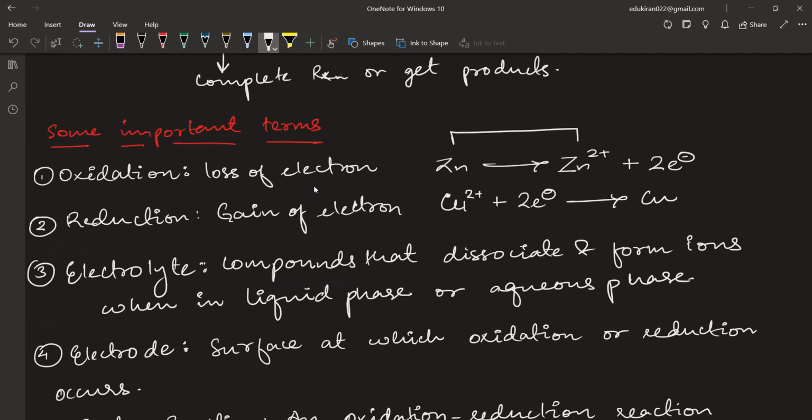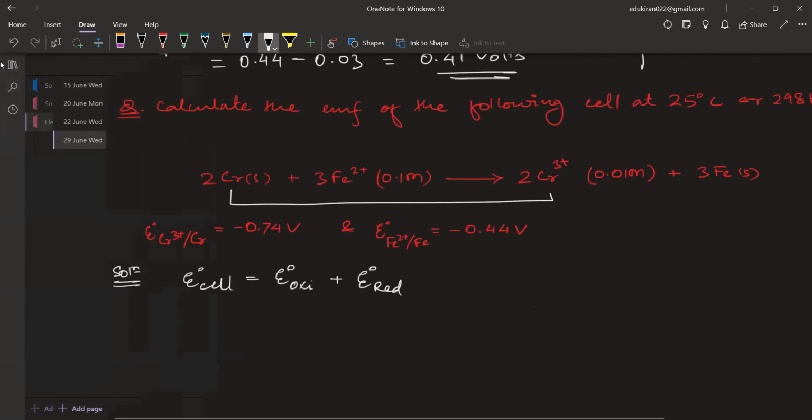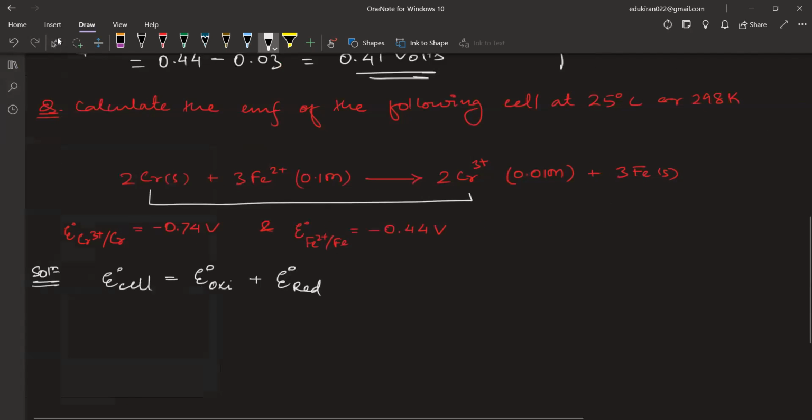ऑक्सीडेशन में क्या हो रहा है देखिए, और रिडक्शन में क्या हो रहा है बताइए. See, look at copper here and copper here in reduction. Now tell me, Fatima, Wafia and Sara. ऑक्सीडेशन दिखा आप लोगों को? What is happening in oxidation? Gain of positive charge ना. Sara, tell me. Chromium is getting oxidized or reduced?